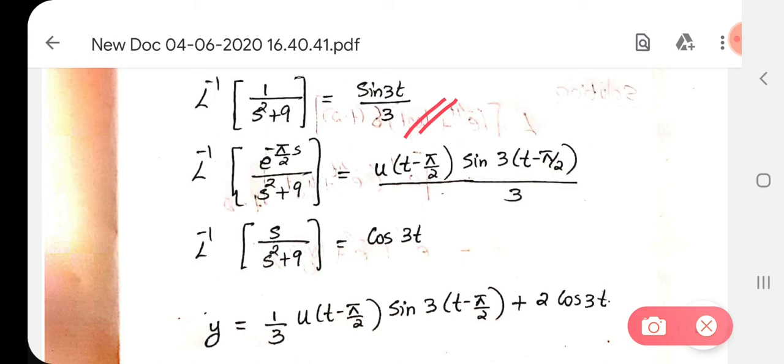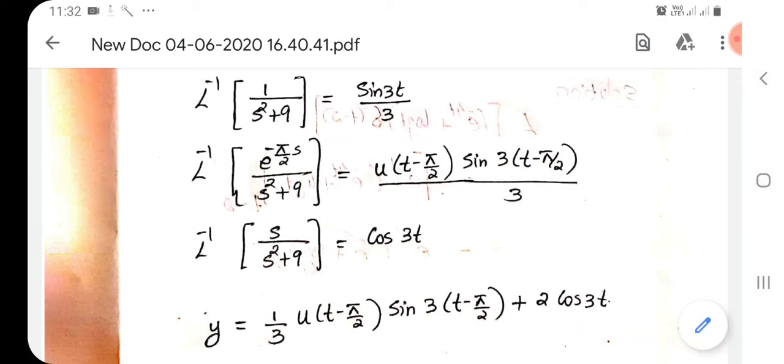Now we need the L inverse of e raised to minus pi by 2s by s square plus 9. For finding the inverse Laplace transform of this function, we are using the unit step function. We have L inverse of e raised to minus as into f of s is u of t minus a into f of t minus a. So here a is pi by 2.